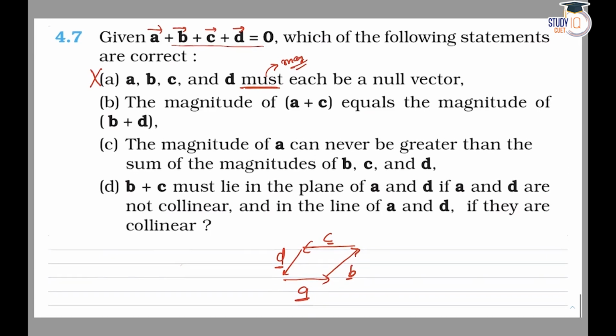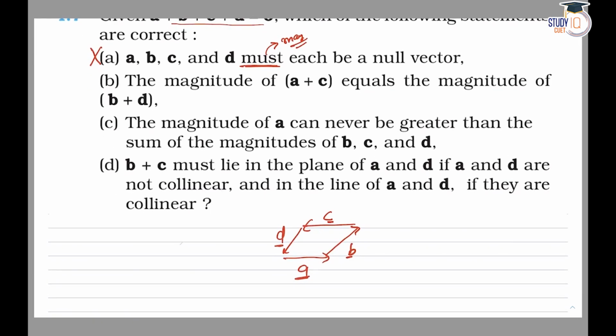in each and every situation. Coming to B part, magnitude of A plus C equal to magnitude of B plus D. So for B part, what we are given is that vector summation of A, B, C, D is equal to 0. So we have to verify the magnitude of A and C. So A plus C is equal to minus of B plus D. If we take magnitude both sides, then this minus would be cancelled.